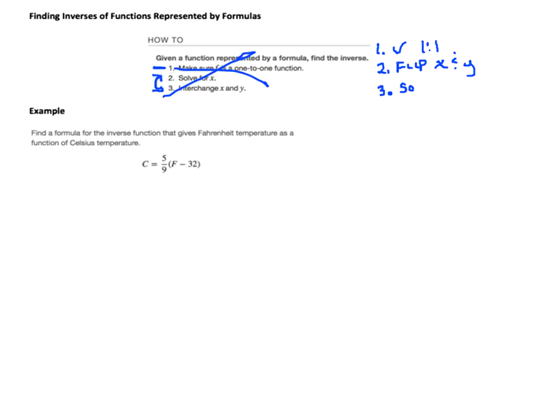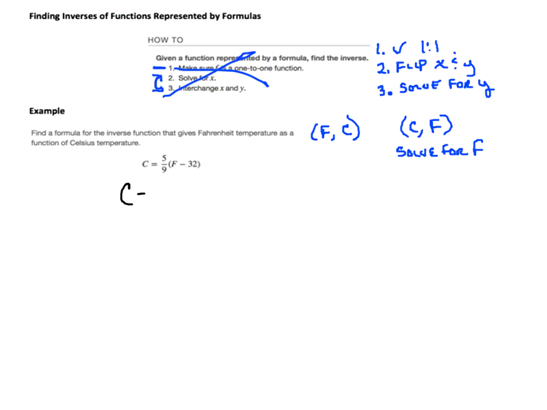And then if you've got x's and y's, then you're going to solve for y. So with this particular one, we have C and F. So we input our F value and get out our C value. So the inverse is going to be to input the C value and get out the F value. So we'll flip-flop and then we'll solve for F in this particular case to get its inverse function.